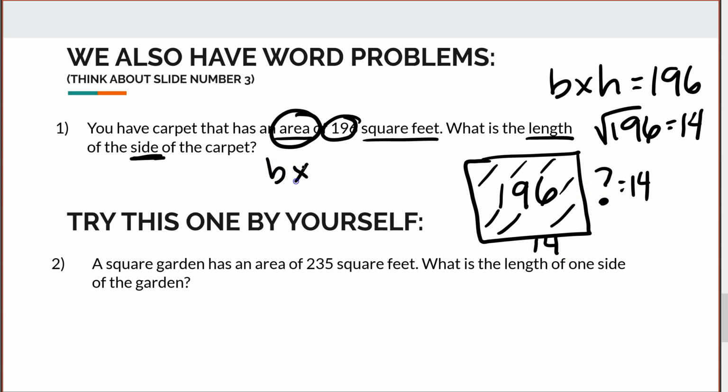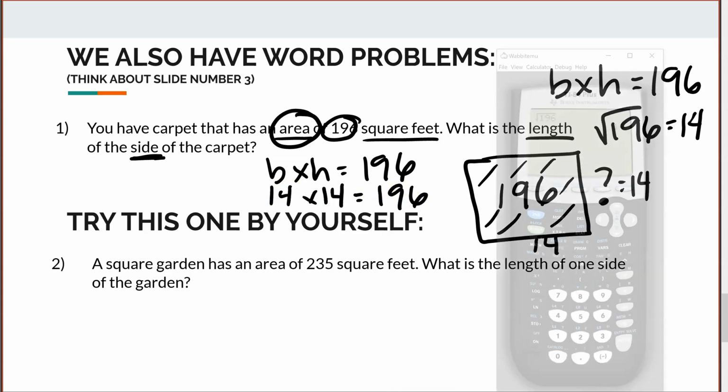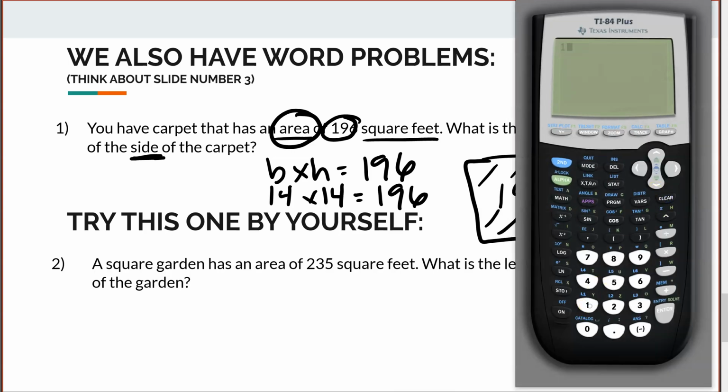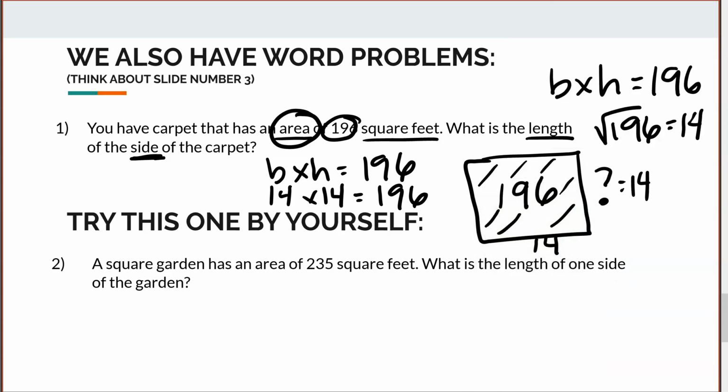We can check with base times side has to equal 196. 14 times 14, does it equal 196? Well, let's go ahead and check. 14 times 14, yes it does. So base times height equals 196. All right, so if you want to go ahead and pause the video and try this one by yourself.